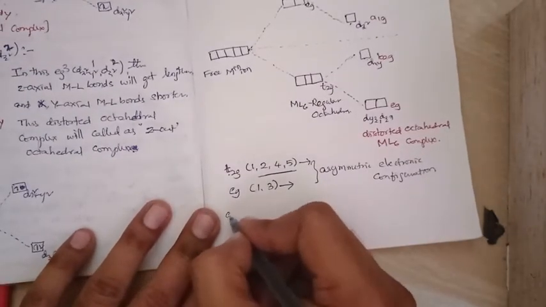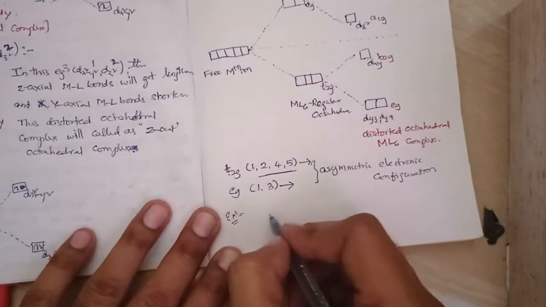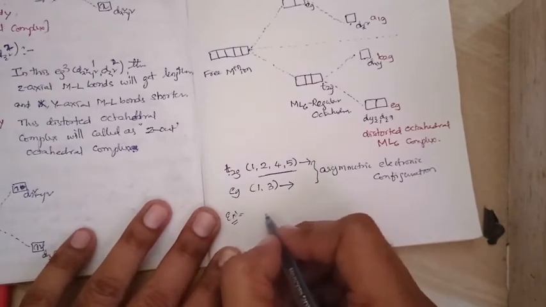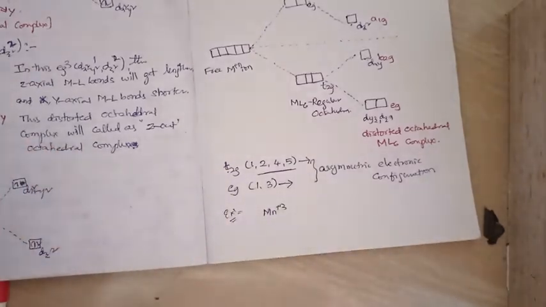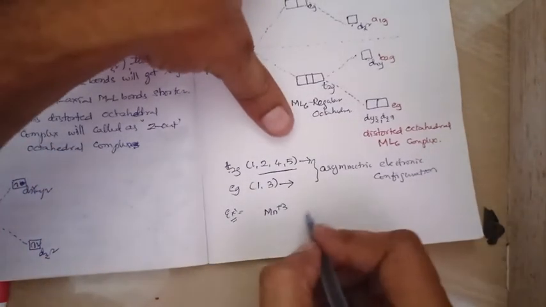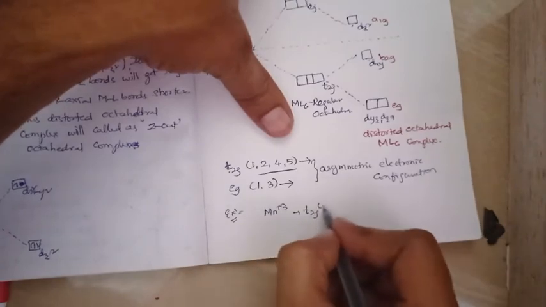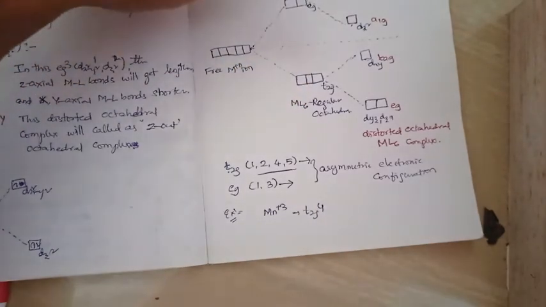So when we go with examples of metal ions, manganese +3 will have T2g4 electronic configuration, isn't it?